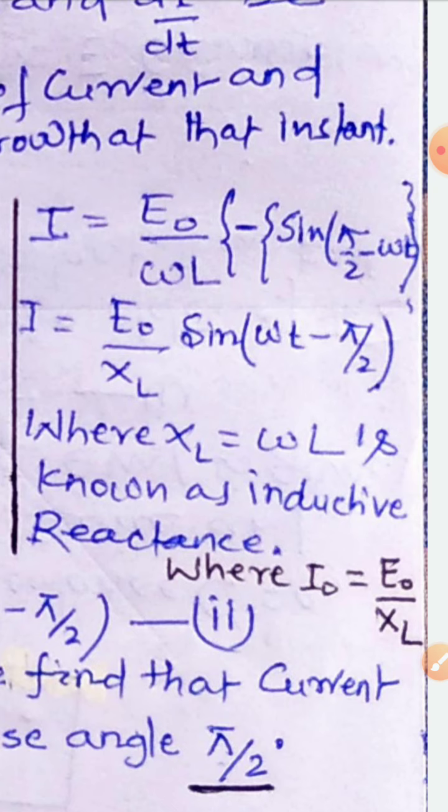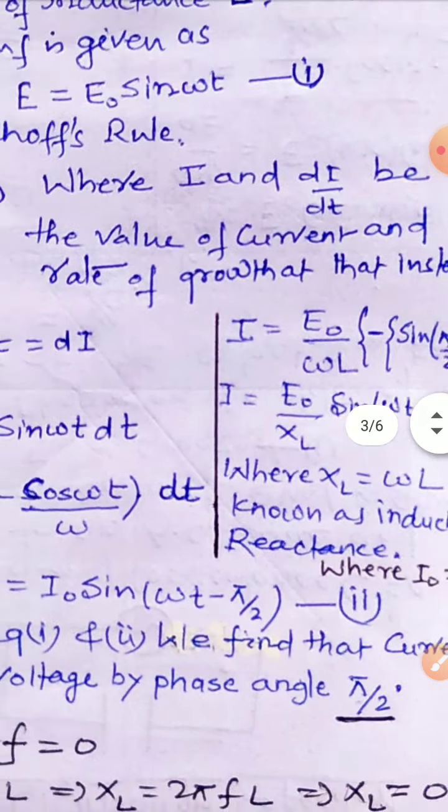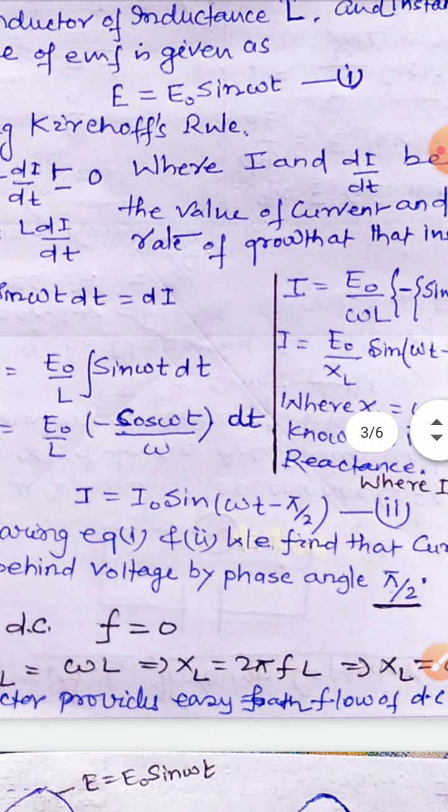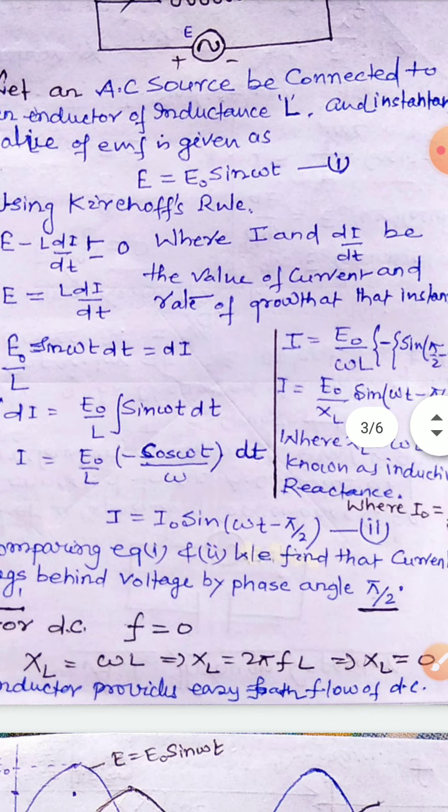We give it the symbol XL, and it is known as inductive reactance. So it becomes I equal to E naught by XL sin omega t minus pi by 2, and finally I is equal to I naught sin omega t minus pi by 2.